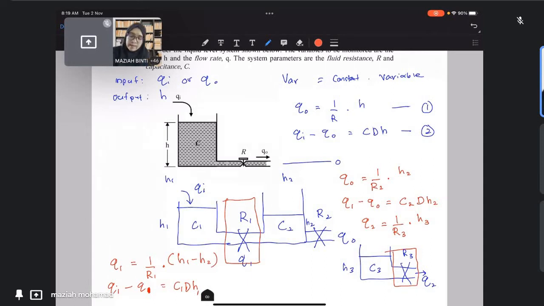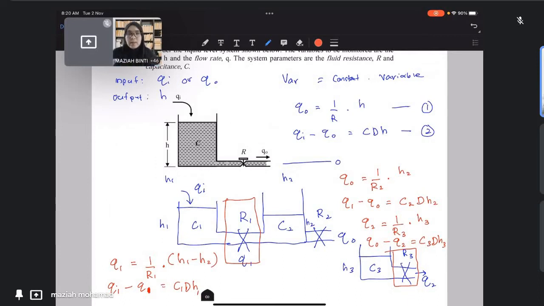Similar to the other tanks, the input flow rate to tank number 3 is Q0, the output is Q2, so Q0 minus Q2 equal to C3 dH3. So that will be the equations for the 3 tanks.